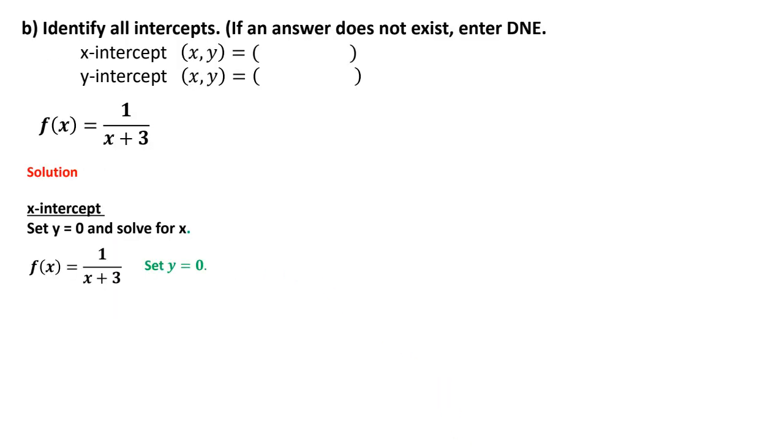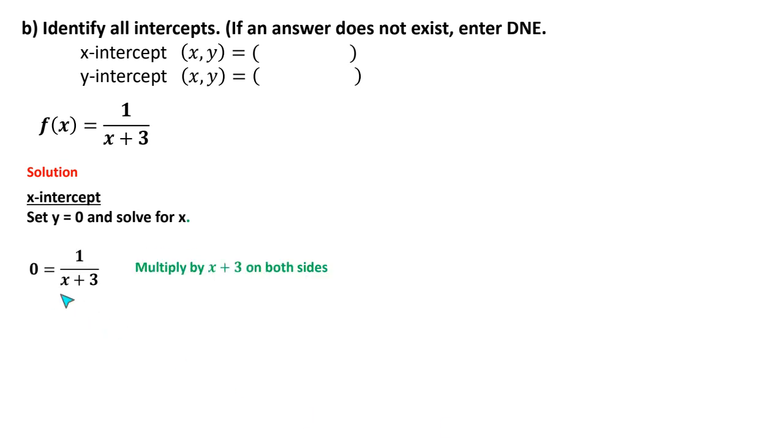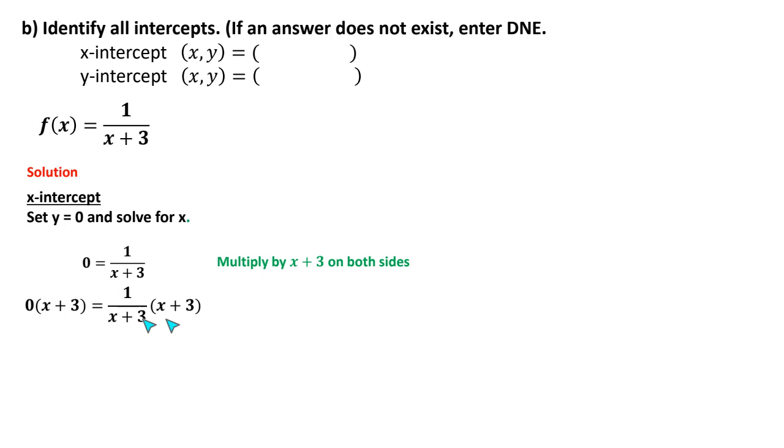For letter B, they want us to find the intercepts. We'll start with the x-intercept first. We're going to let y equal 0 and solve for x. So we let f of x equal to 0. Then in order to solve for x, I'm going to multiply both sides by x plus 3. 0 times x plus 3 is going to be 0.